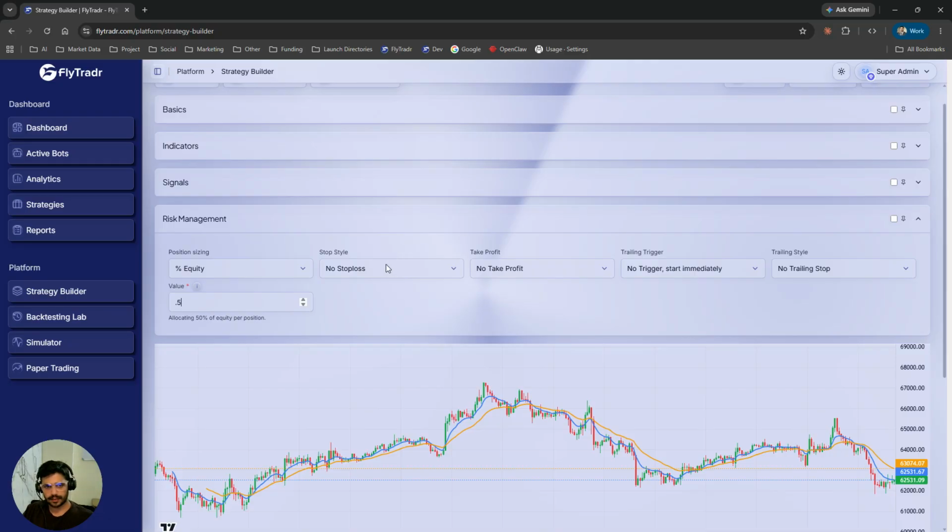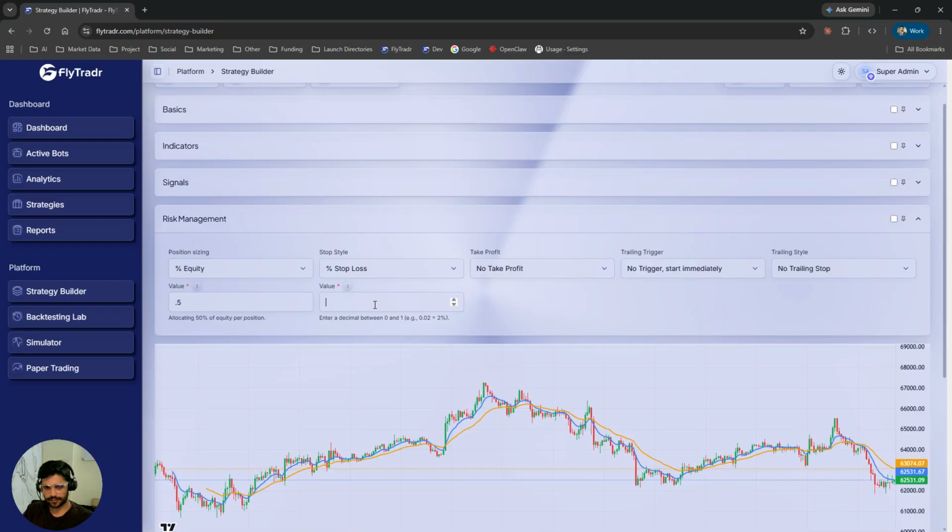Now let's move to the next part, which is stop style. There are different types of stop losses that you can choose from. Again, for this demonstration, I'll stick to percentage based because I feel this is the simplest stop loss, and very easy to track and manage.